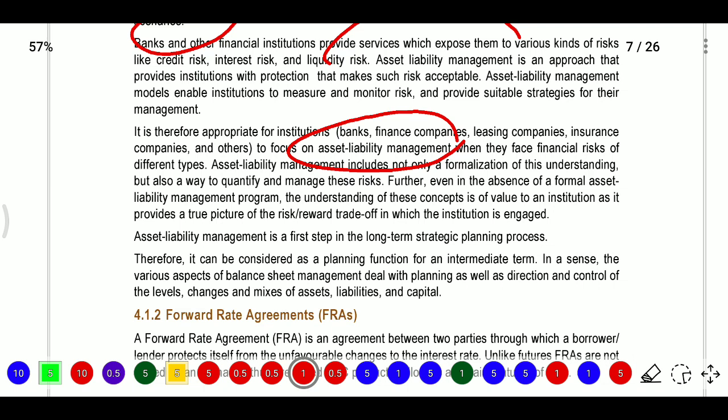Here ALM includes not only formalization of this understanding, but also ways to quantify and manage these risks. Even in the absence of a formal asset liability management program, understanding this concept is of value to an institution, as it provides a true picture of the risk-reward trade-off in which the institution is engaged.